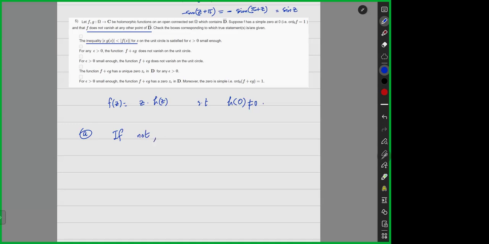If not, then for any epsilon, however small, this is failing. So for epsilon_n equal to 1 by n, the inequality fails.